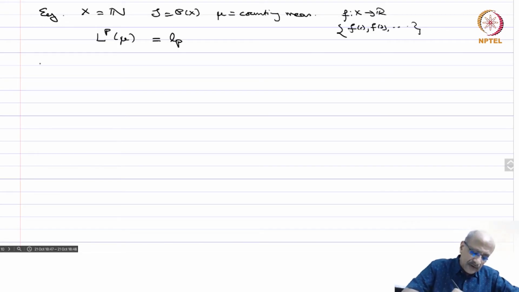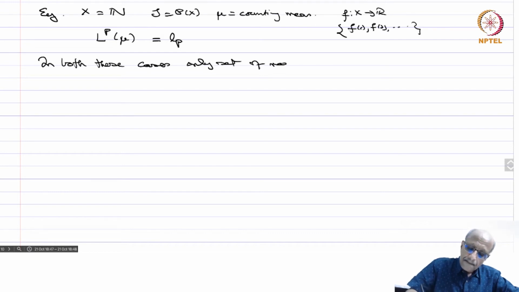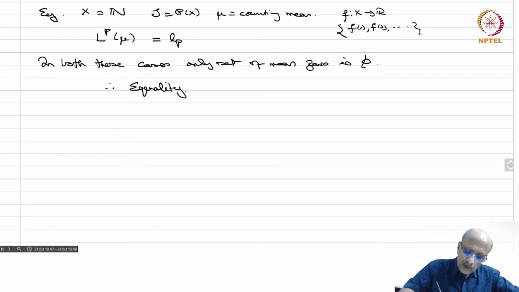So in both these cases, the only set of measure 0 is the empty set. No other set has measure 0. Therefore, equality almost everywhere is the same as saying equality everywhere.